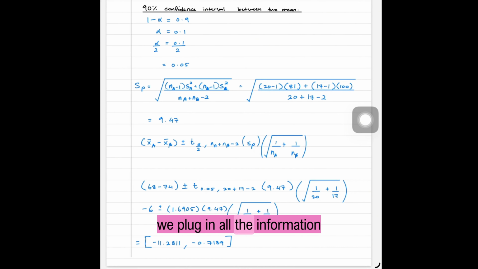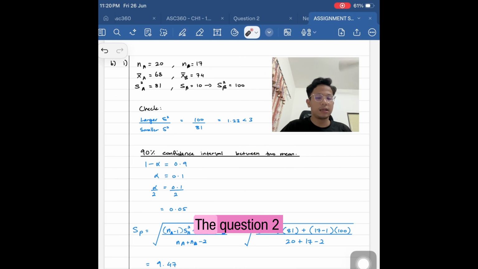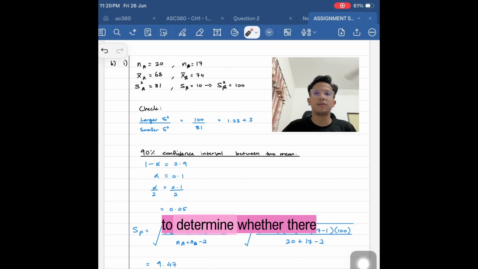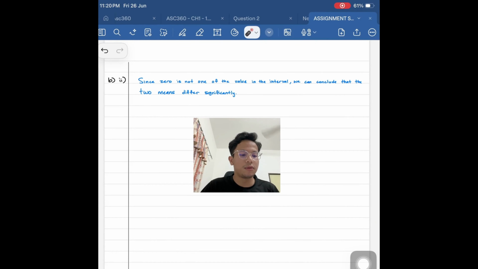After that, we plug in all the information into the formula, and we get our final answer, which is negative 11.2811 and negative 0.7189. And question 2 asks to determine whether there is a significant difference between the average score of the two. Since 0 is not one of the values in the interval, we can conclude that the two means differ significantly.